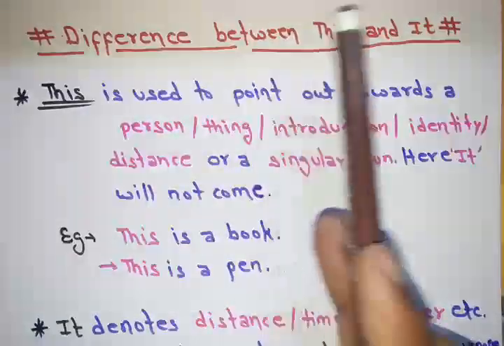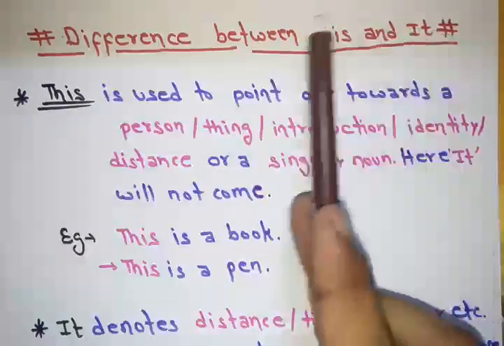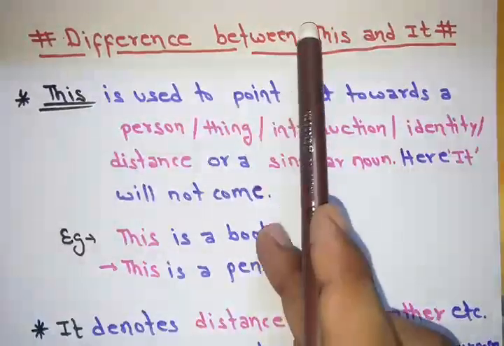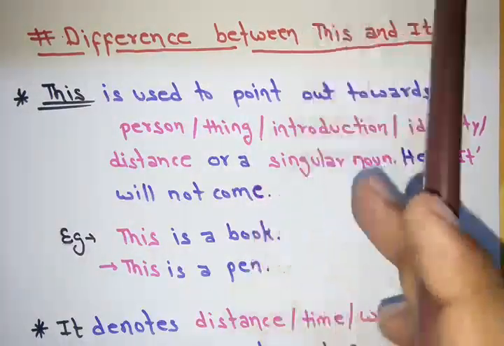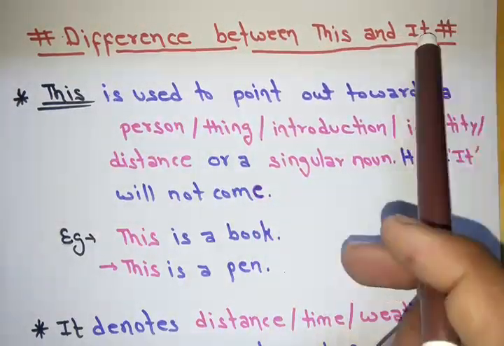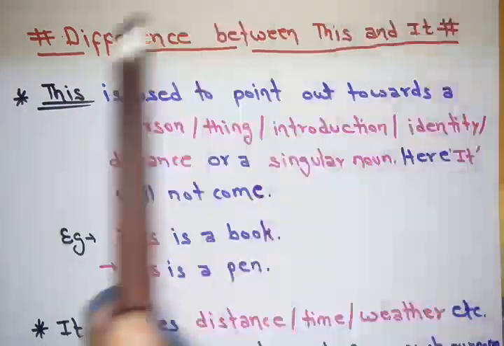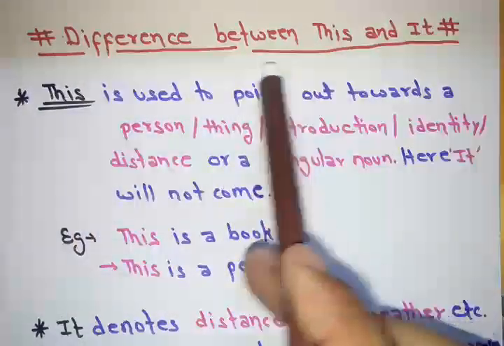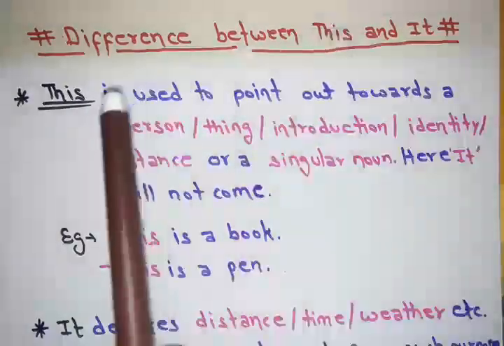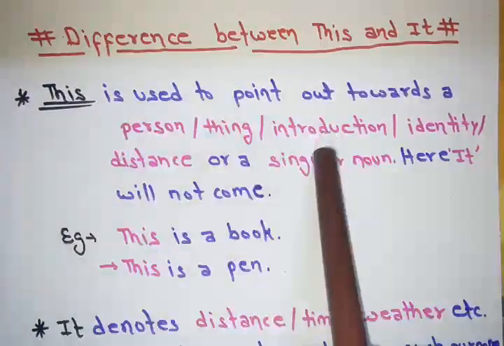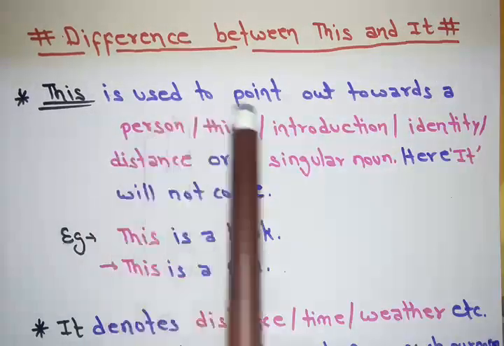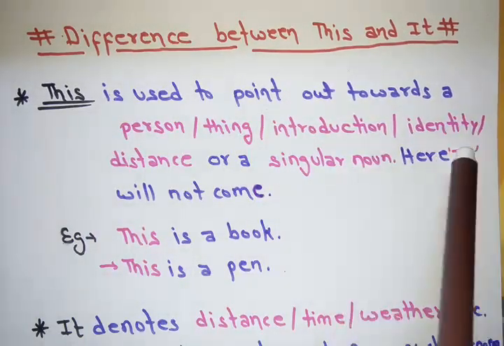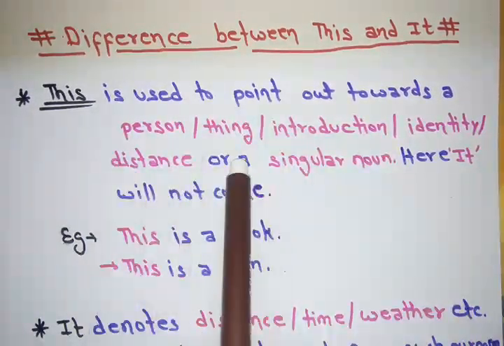Now, the difference between "this" and "it". These both are very confusing. Some people use "this" in place of "it", and some people use "it" in place of "this". So what is "this"? "This" is used to point out a person, thing, introduce identity, distance, or a singular noun. Here "it" will not come.